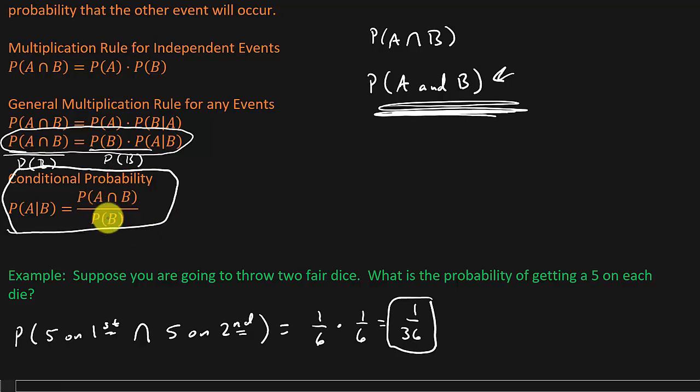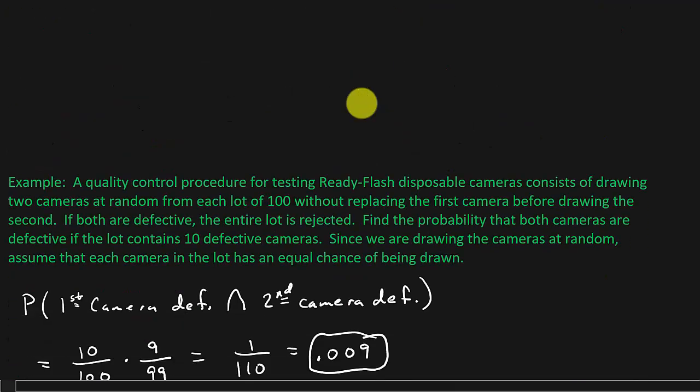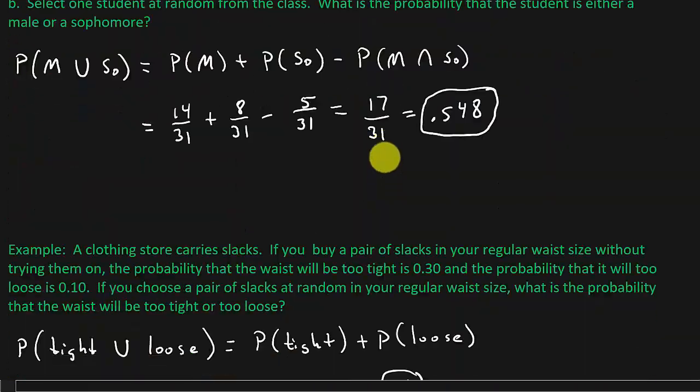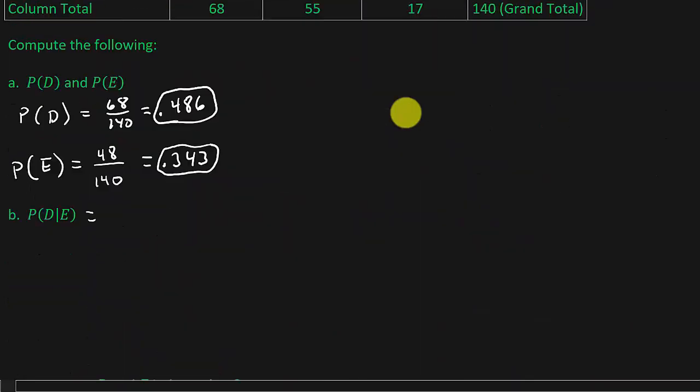Remember, the second letter here, that probability goes in the denominator. It's the probability of this and this divided by the probability of this second letter. All right, so let's get back to the table.